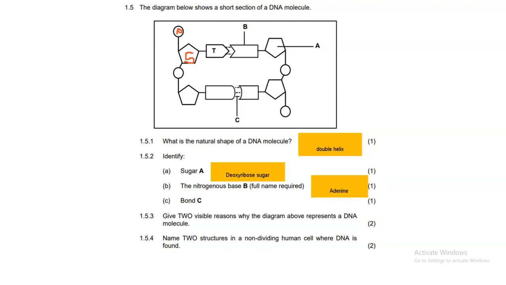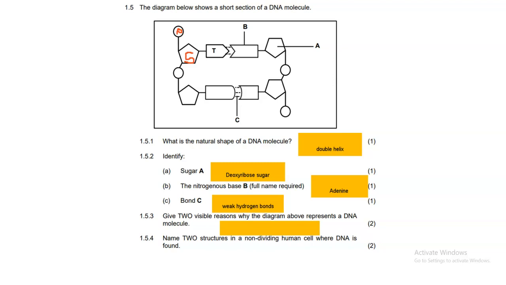Sharp. And then bond C. We know in DNA we've got the weak hydrogen bonds, and in amino acids we've got the peptide bond. But in DNA we've got the weak hydrogen bonds. Sharp. And the 1 mark: they're asking for two visible reasons why the diagram is DNA.